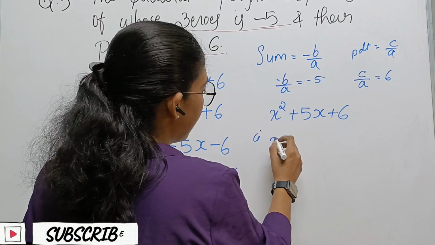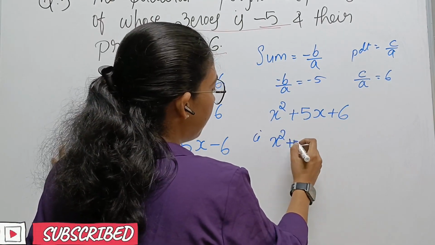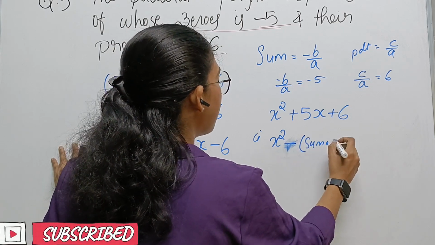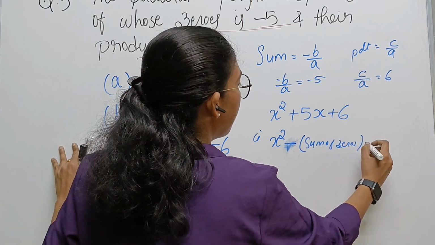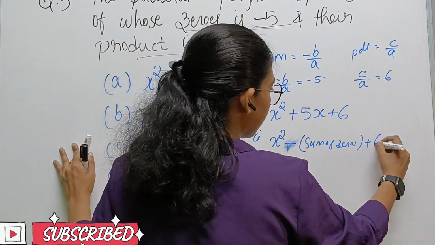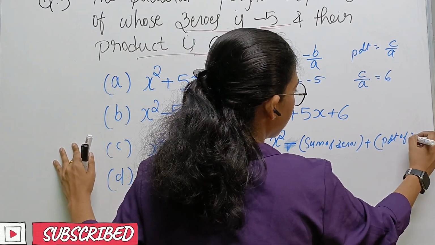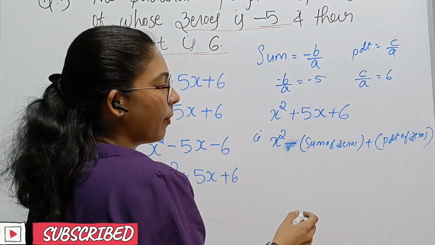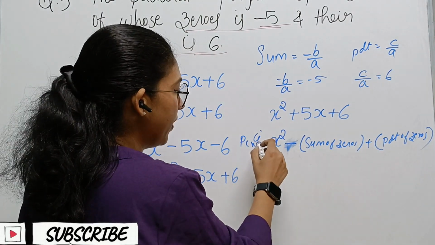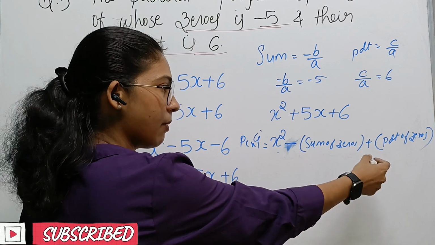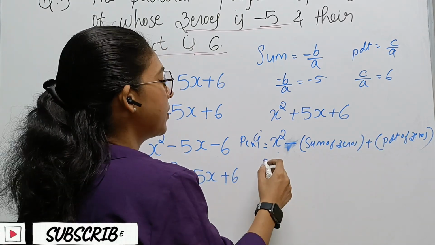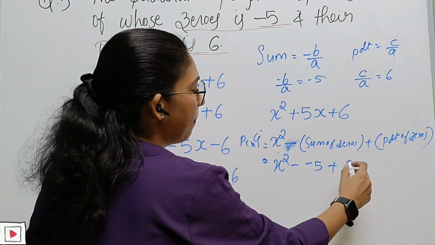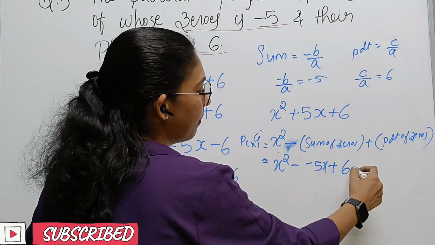So for a quadratic polynomial, we have to write it like x square minus sum of zeros x plus product of zeros. This is the right form of the polynomial, that is p of x is equal to x square minus sum of zeros x plus product of zeros, that is equal to x square minus (-5)x plus 6.